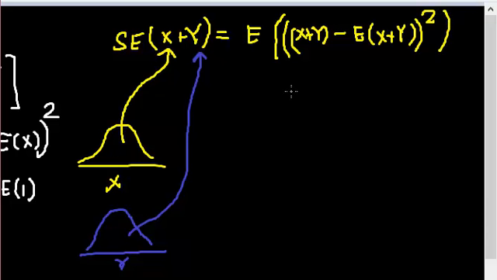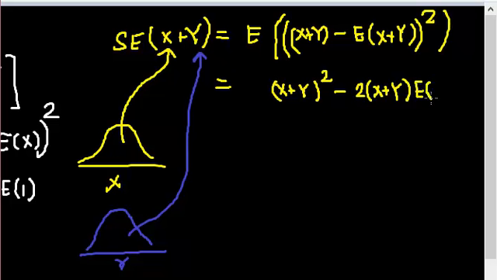The best strategy for this is to expand the quadratic. So what we will get is (x plus y) squared minus 2 times (x plus y) times the expectation value of x plus y, plus the expectation value of x plus y, this entire thing squared. We'll continue.